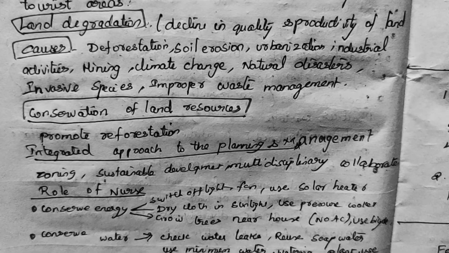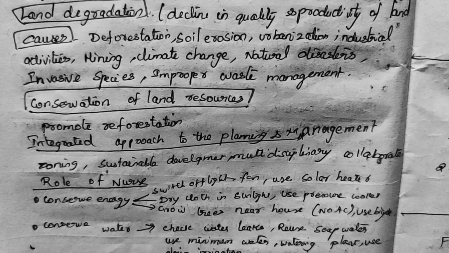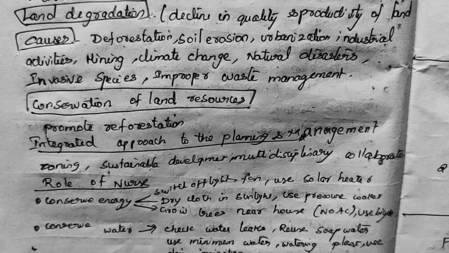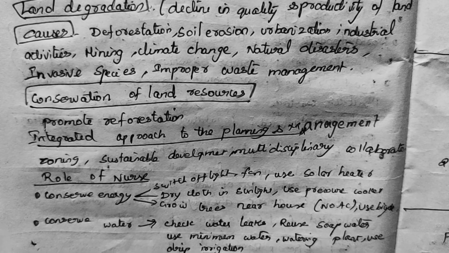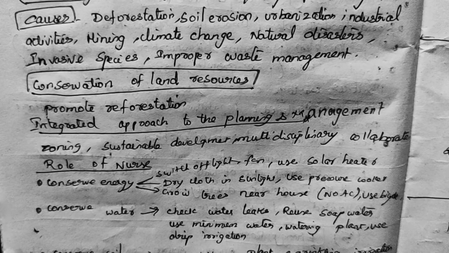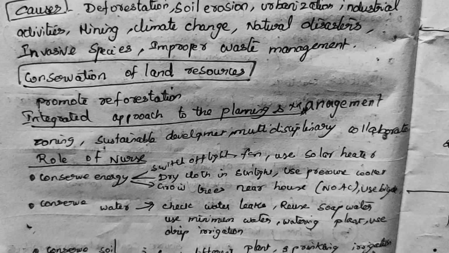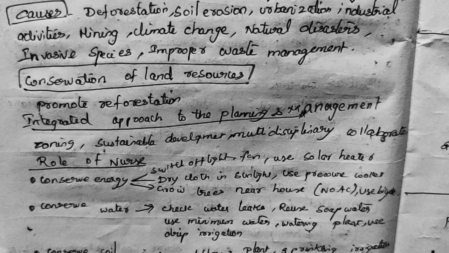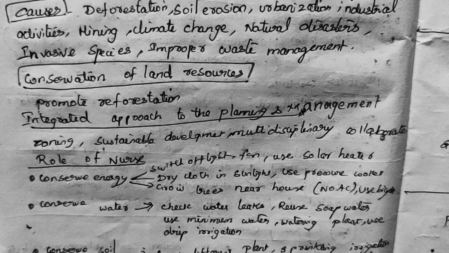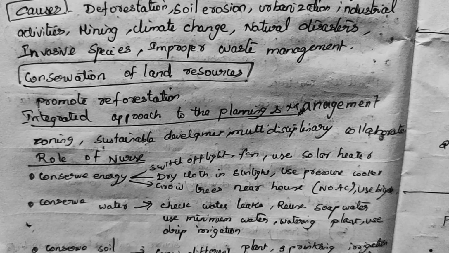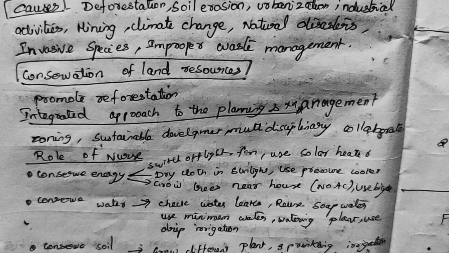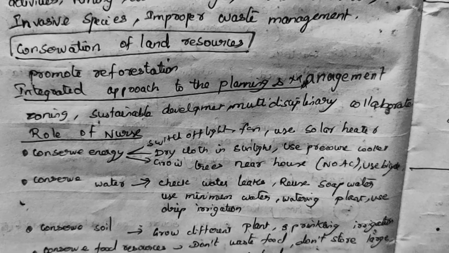And then conservation of land resources. So what do you have to do? Promote reforestation, and an integrated approach to planning and management. So what management can you do? You can see zoning, and then sustainable development, and you can use multidisciplinary collaboration. So you can collaborate with the other members.